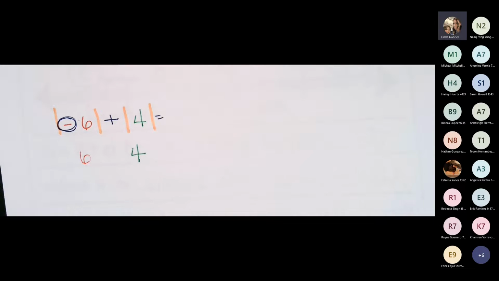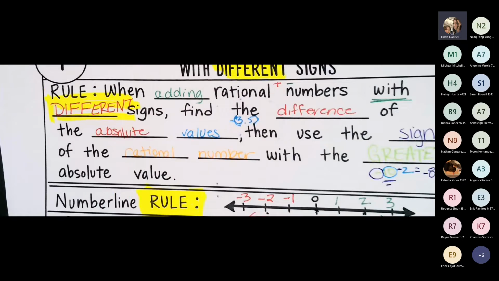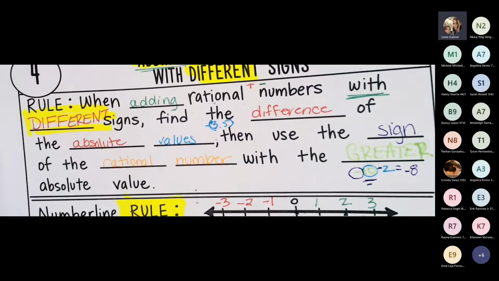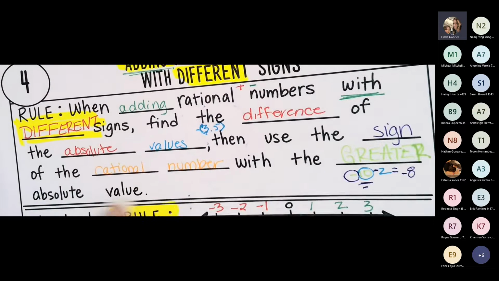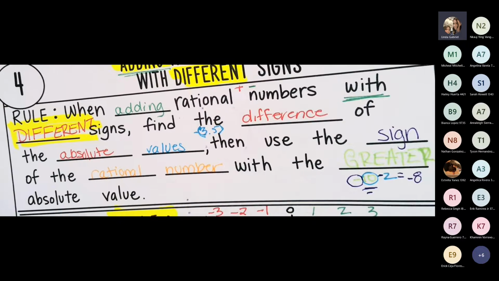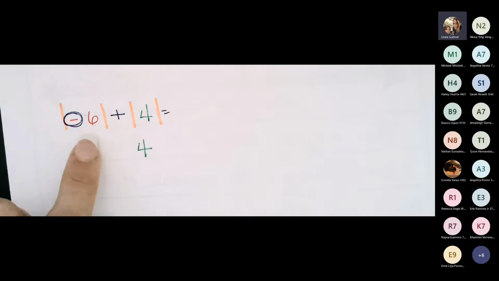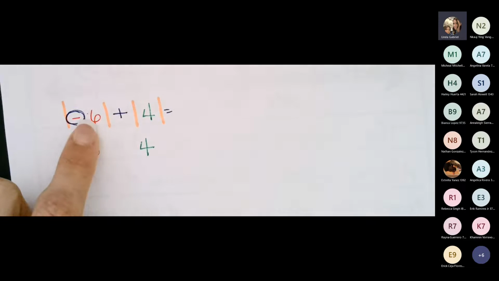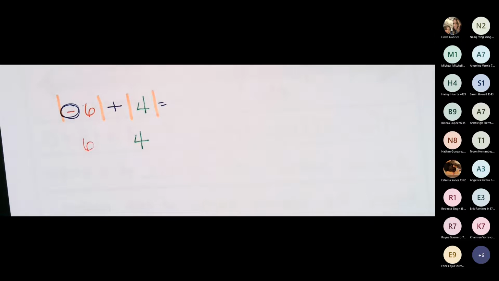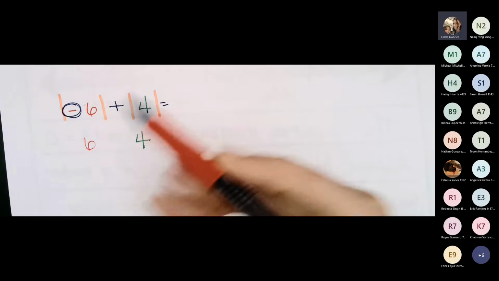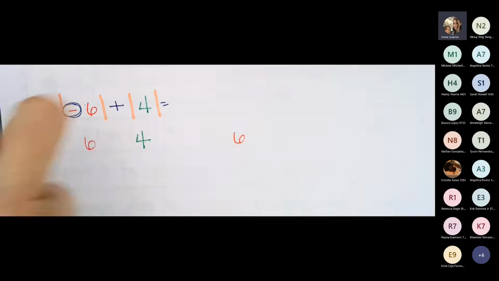Remember, the rule was if you are adding rational numbers of opposite signs, different signs, we're going to find the difference of the absolute values, then use the sign of the rational number with the greater absolute value. That's why I'm going to take the sign, the negative from the 6 for my answer. Okay, so now I'm going to use the larger number to subtract the smaller number.